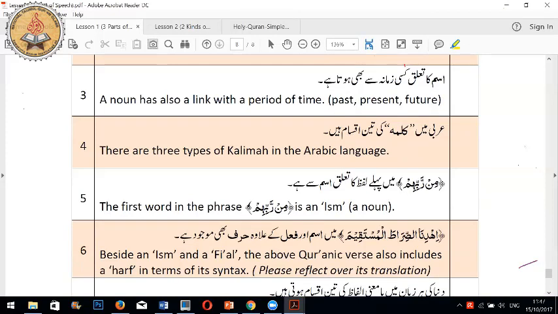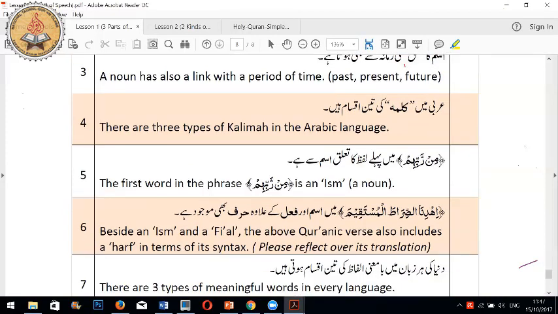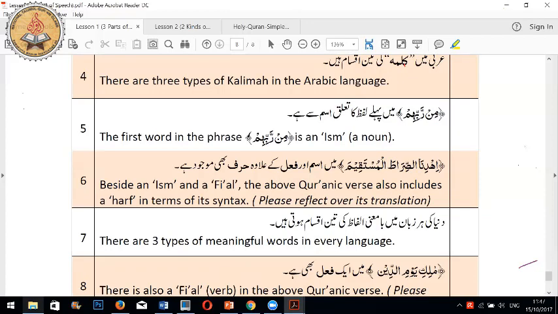Number 6. Ihdina as-sirat al-mustaqim, more than 20 or 30 times we recite on a daily basis in 5 daily prayers. Now, we know the meaning of Ihdina, guide us.